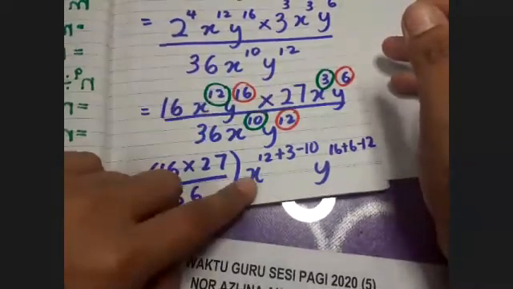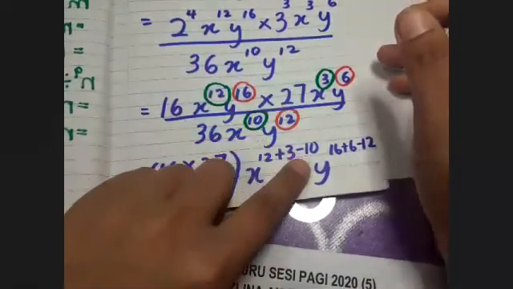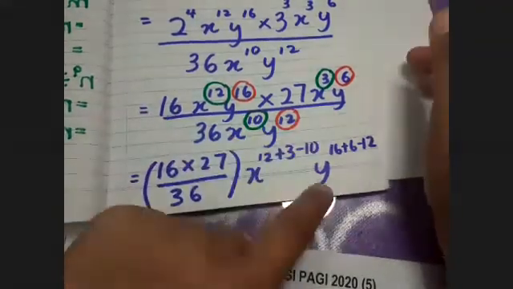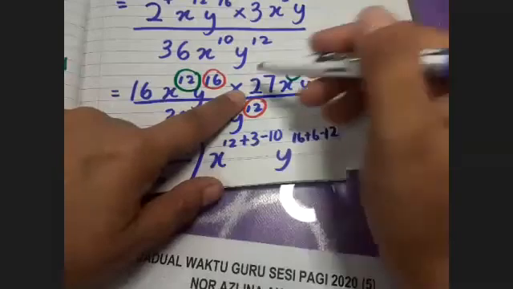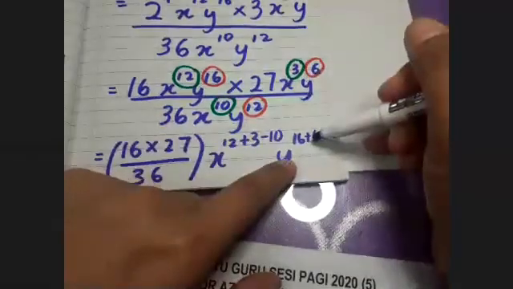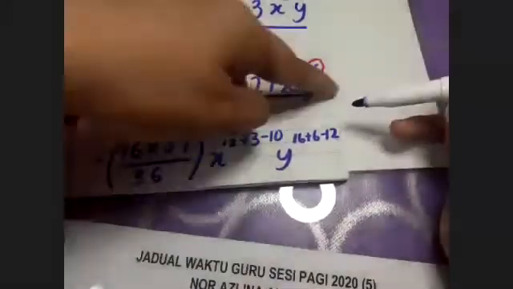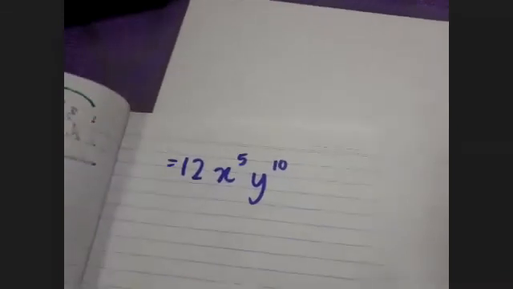So x power of 12 plus 3 over 10. So minus 10 because of division. For y, this is 16 plus 6, plus because of multiplication. Minus 12, minus 12 because of this division. Okay? Then you will get the final answer 12x power of 5, y power of 10.